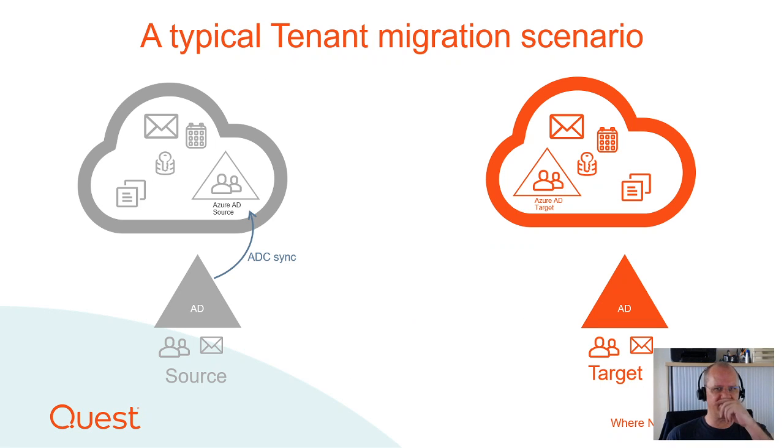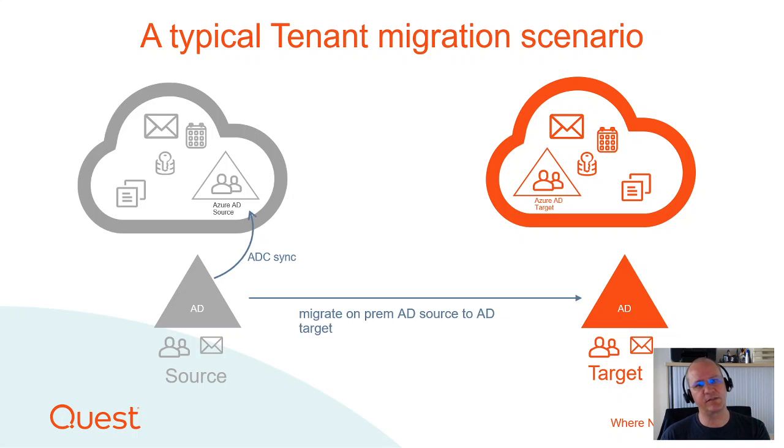A typical scenario that we see out in migrations, most of the competitors forget about the fact that most users are actually sitting in a hybrid mode when they're doing tenant-to-tenant migrations. So you have to have the ability to migrate the on-prem as well as the cloud environment at the same time. Where you'll see on the source, you've got this AD sync going. You want to take those AD users and move them across to the target environment.